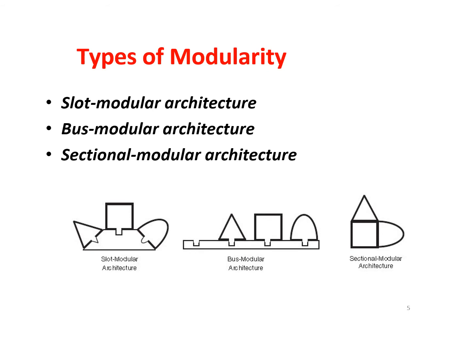The types of modularity: slot modularity, bus modularity, and sectional modularity. The extreme left shows the architecture of slot modular. The second one indicates bus modular. The arrangement itself shows what bus modular is.